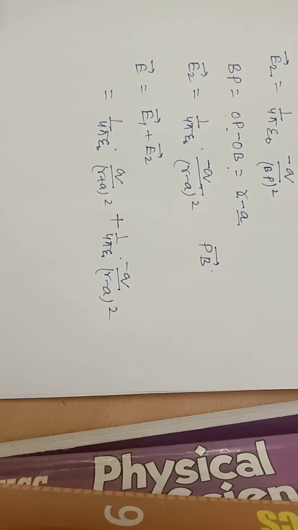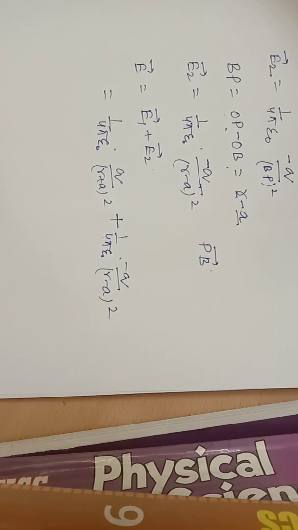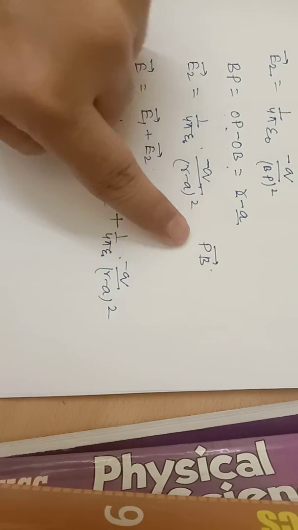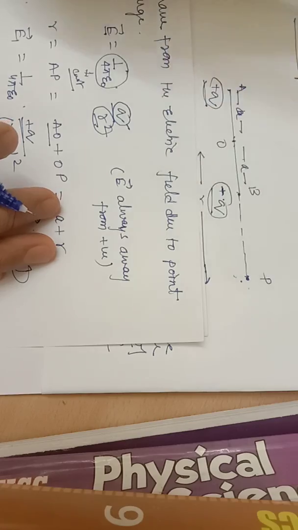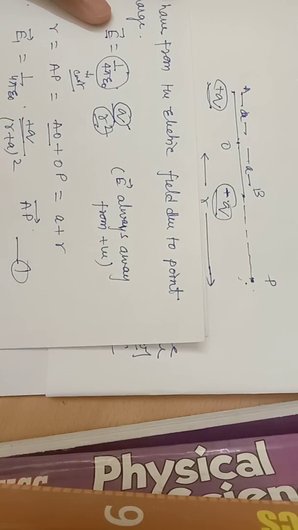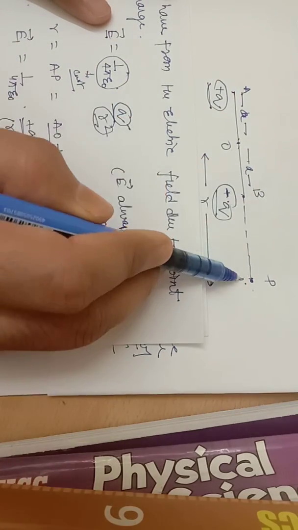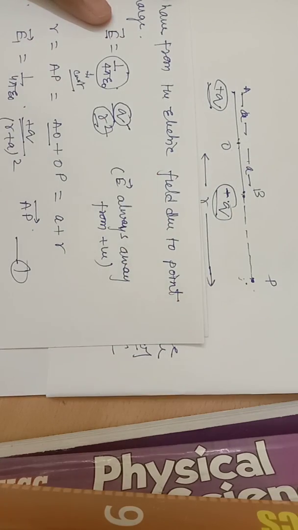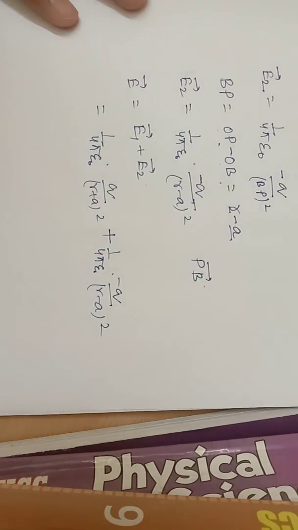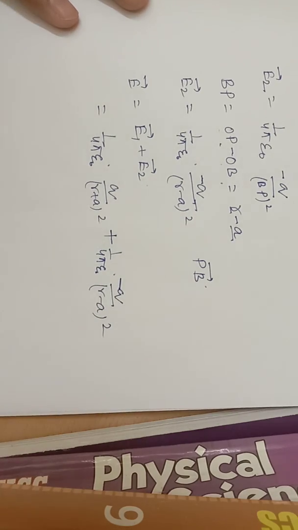Now you'll ask why I am not counting the direction here. We have taken AP as positive. AP is from left to right and PB is from right to left, so they are in opposite directions. That means they will subtract. That's why the negative charge is here.